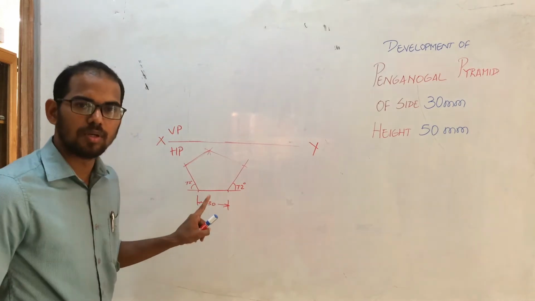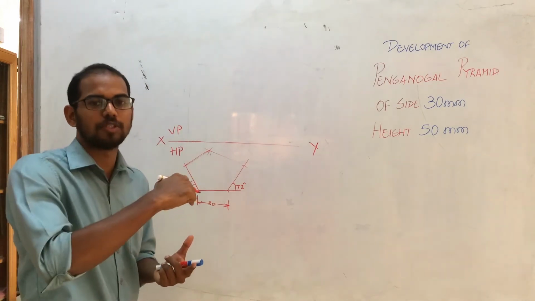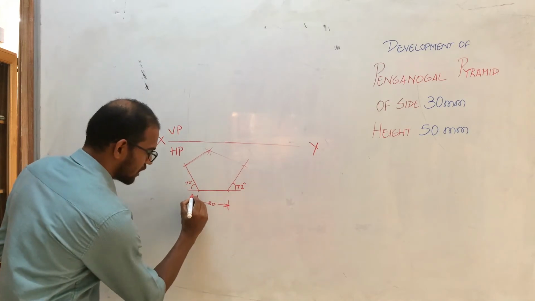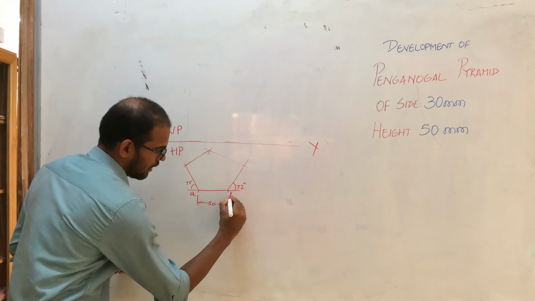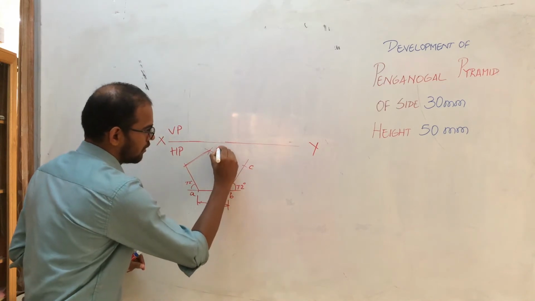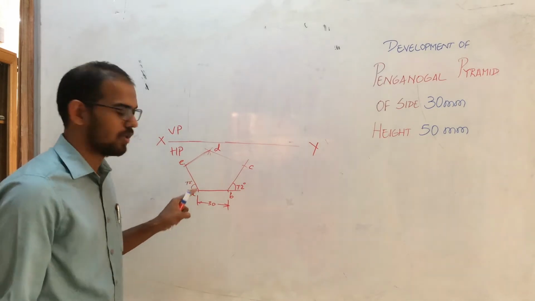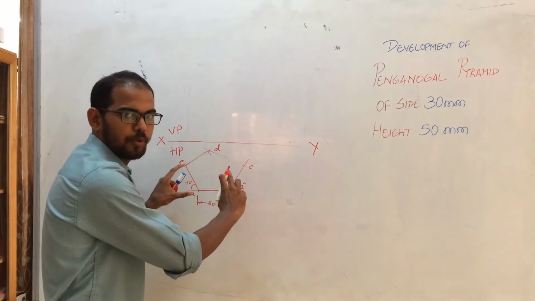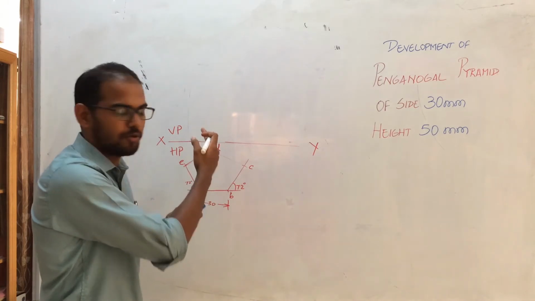Now we have to mark these points. Whenever the object is viewed from the top side, the points are visible. So the names are given like A, B, C, D and E in its top view. If we project this top view to the vertical plane, we can view the front view.